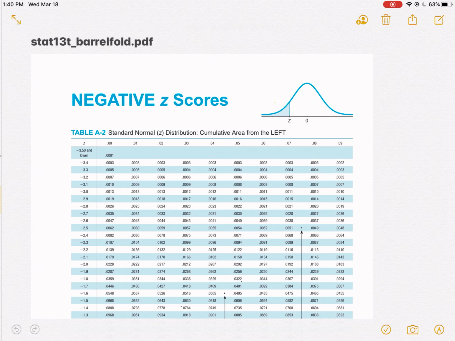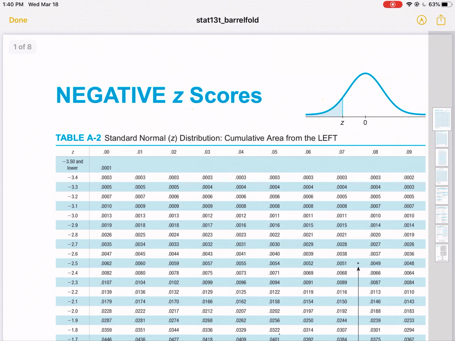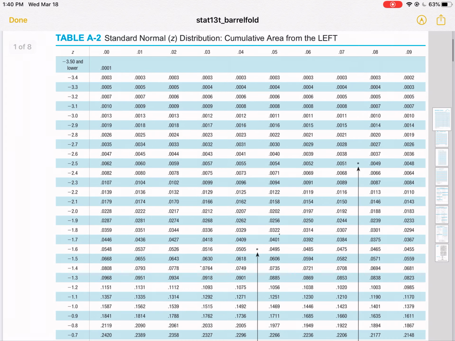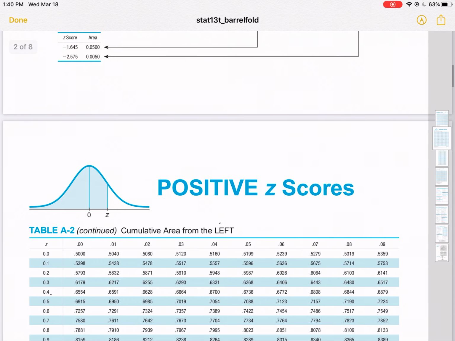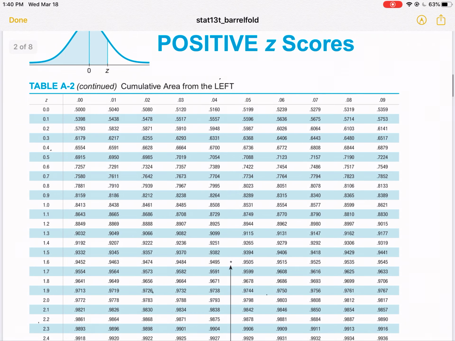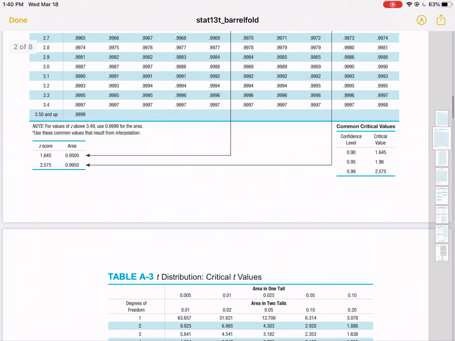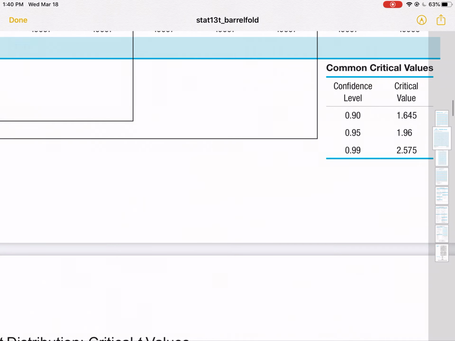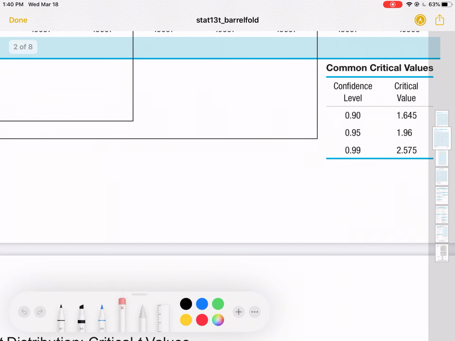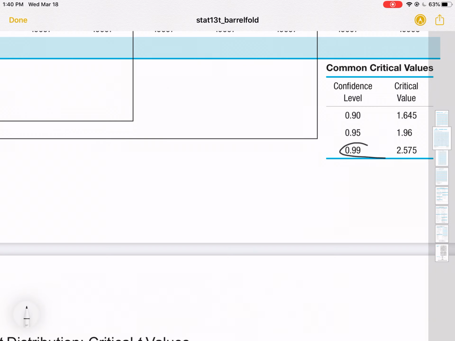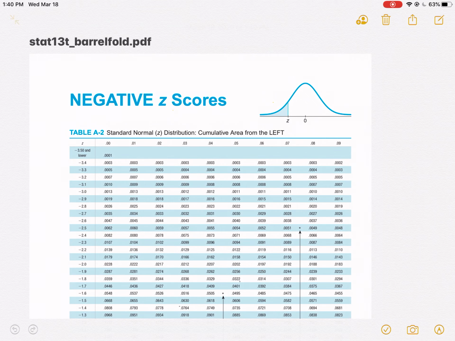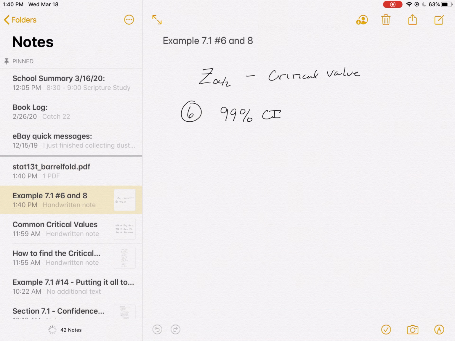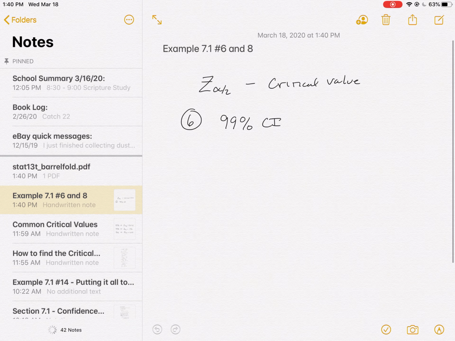In order to do that, let's look at our table A2, and if we go to the bottom right hand corner of the chart, we can see that 99% confidence corresponds to 2.575. And so we get that answer for number 6 that easily. So if we go back to our work, we know 99% is 2.575.